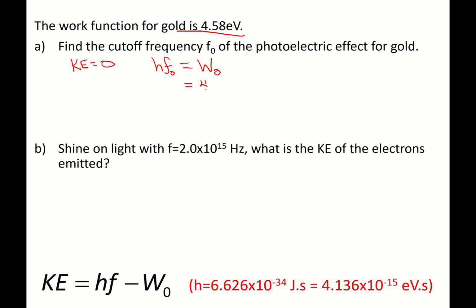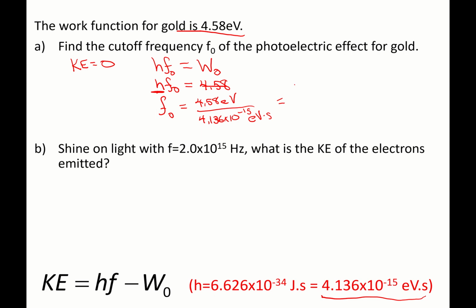So let's do the calculation. Let's do the calculation with our Planck's constant in the units of electron volt seconds, and then that will give us a frequency in hertz. So f0 is 4.58 electron volts divided by 4.136 times 10 to the minus 15 eV seconds.